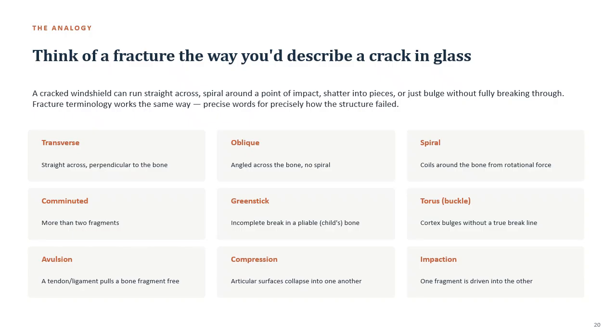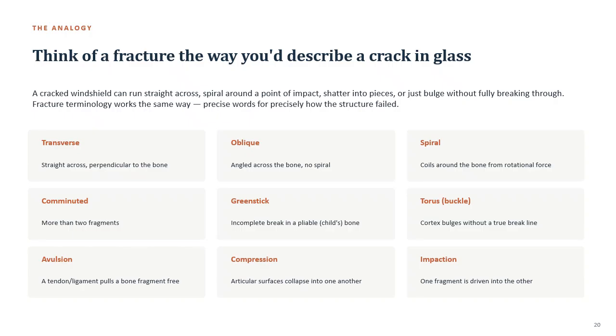A spiral fracture wraps itself around the shaft of the bone, often reflecting that there was some sort of twisting or rotational force. A comminuted fracture consists of more than two fragments.